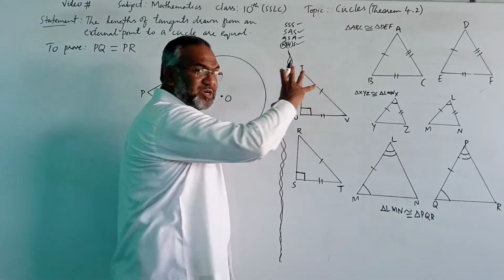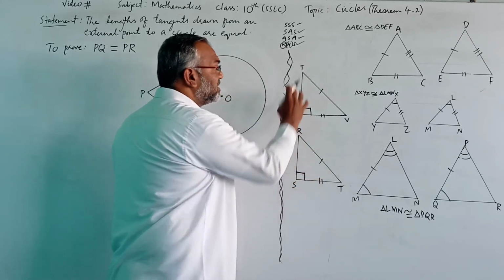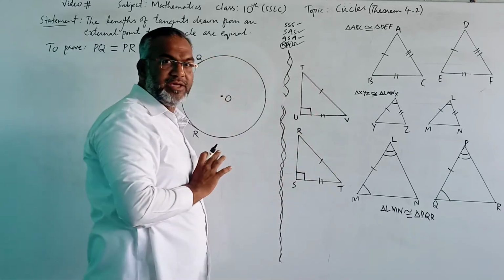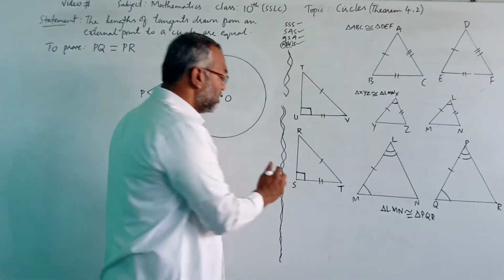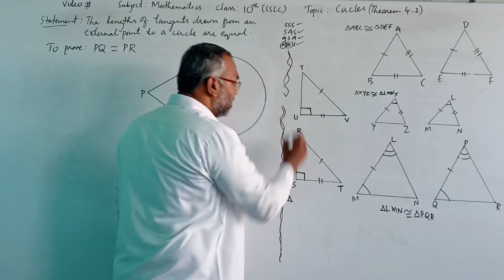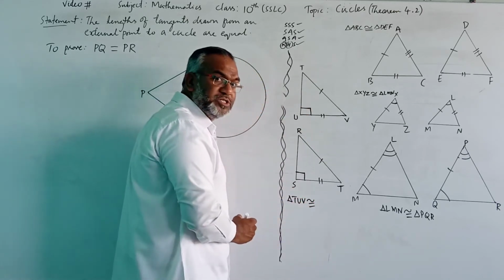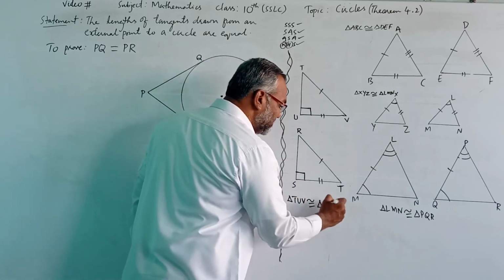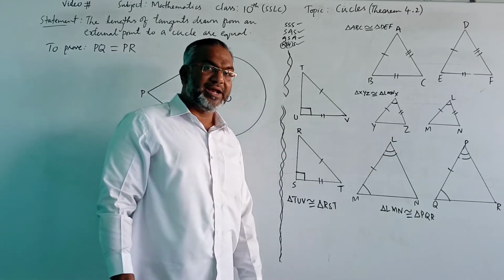If you take this triangle and put it on this, then this will completely cover it, and RST will hide behind TUV. You cannot see any. They will match, they will coincide with each other. So we can say triangle TUV is congruent to triangle RST.